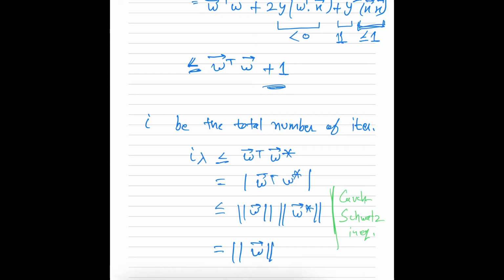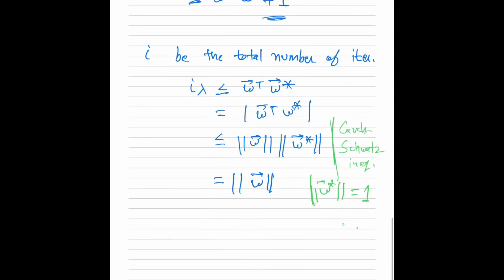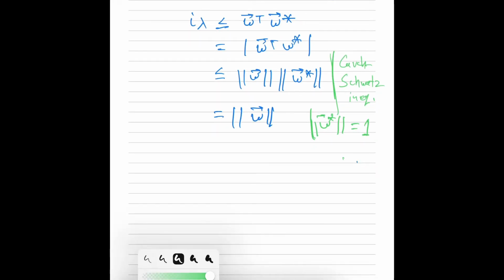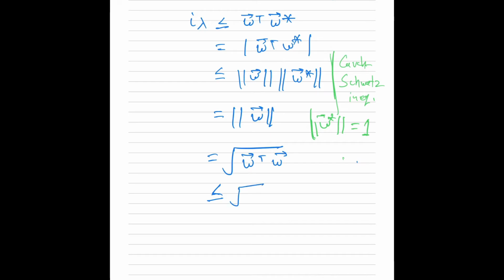Because I rescaled my w star to 1 in the beginning. So I will simply end up with the w vector, and I can write that as the square root of w transpose w, and this is clearly nothing but less than root I.